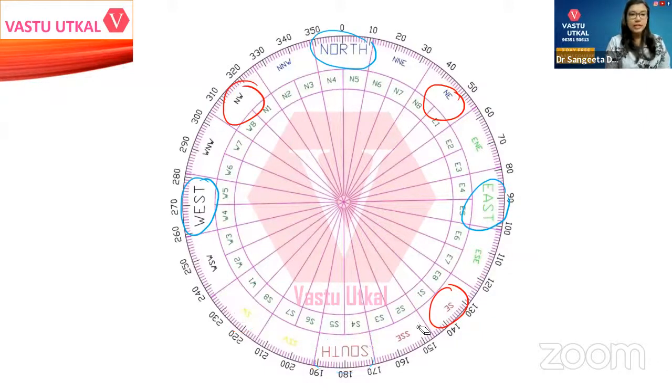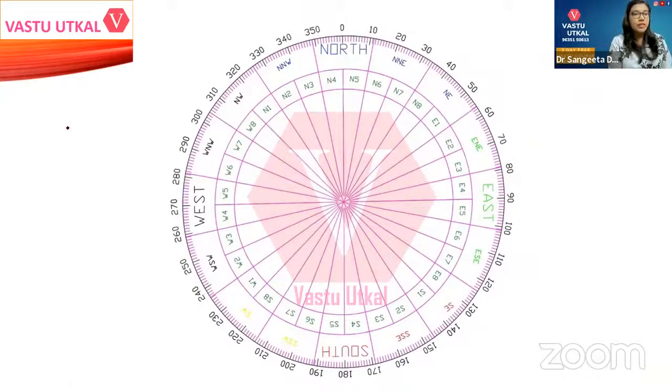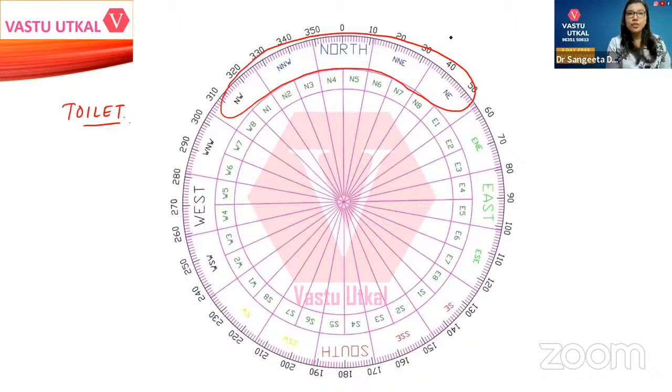So let me quickly erase all this and we will begin with the remedies for toilet first. So starting from northwest till northeast, in order to treat your toilet, you have to take help of the element that is predominant over here.